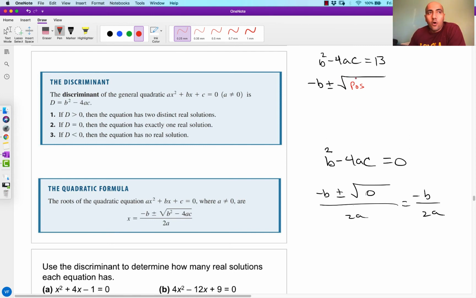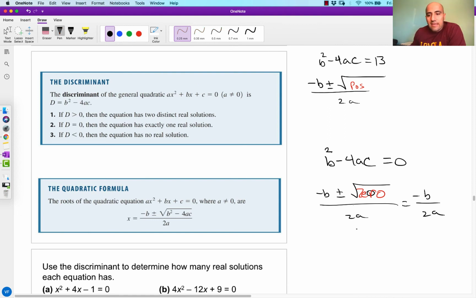It could be a whole number, like if it was the square root of 16, then this would be 4. But if it was 13, then we would just leave it alone as the square root of 13. And then all of that gets still divided by 2a. This will result in two real number solutions. Okay? So either this part in here could be 0, or it could be positive.